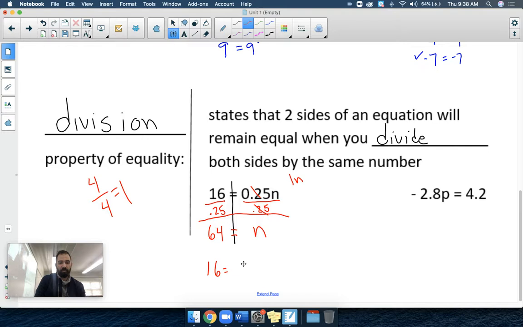Does 16 equal 0.25, and now I can't just write the number, I have to use at least parentheses, times 64? Does 0.25 times 64 equal 16? If you bust out your calculator, hopefully you checked, it does equal 16, so it works. n equals 64 is a solution to our original equation.